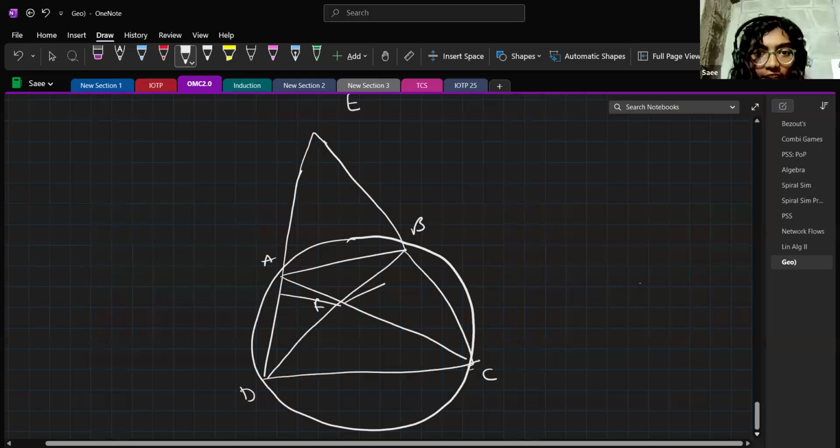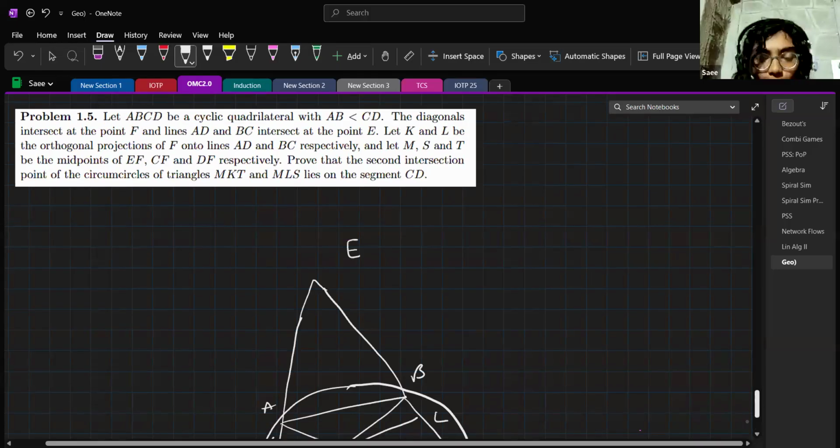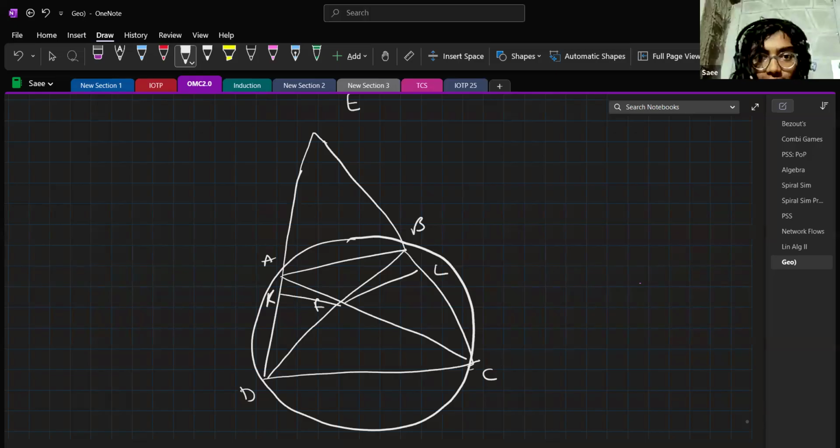K and L. M, S, T are midpoints of EF, CF, DF. So this is M, S, T. It's not too bad of a diagram.